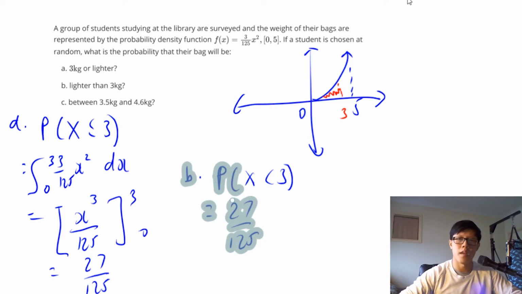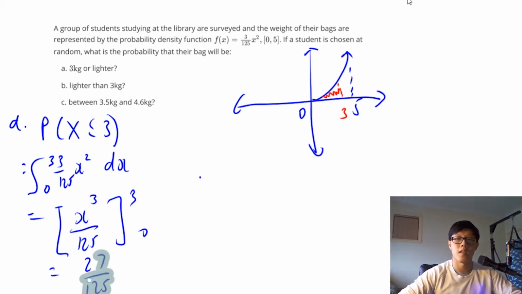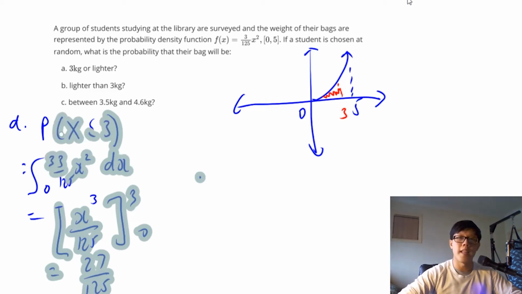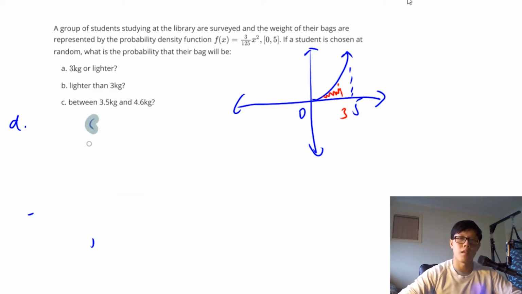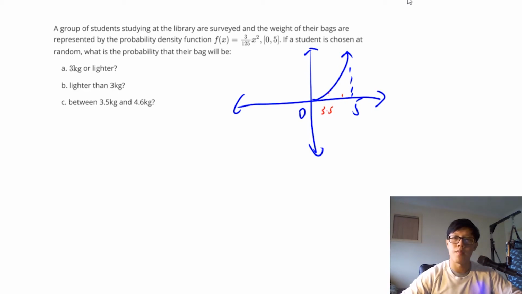Let's move on to part C. So it says, what's the probability that it will be between 3.5 kilograms and 4.6 kilograms? So this time I've got to rub this out. And I'm trying to find between 3.5 and 4.6.